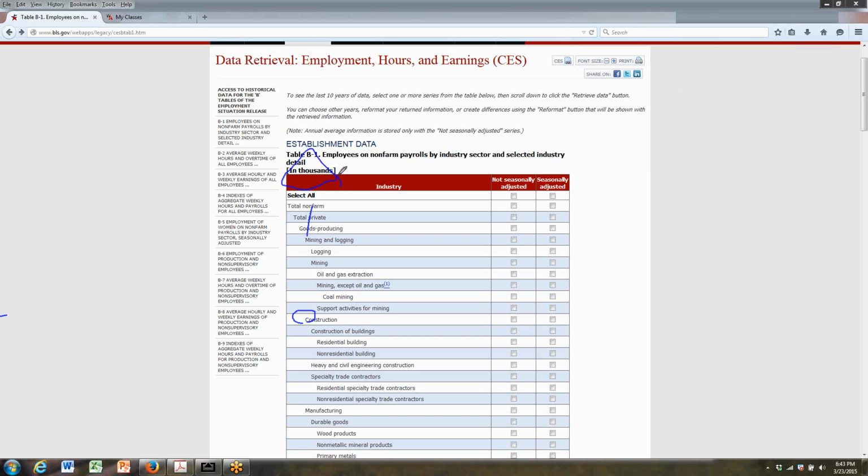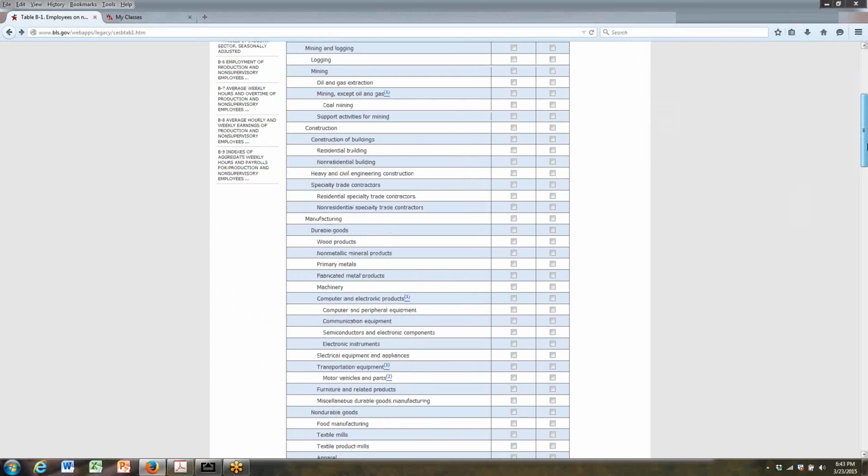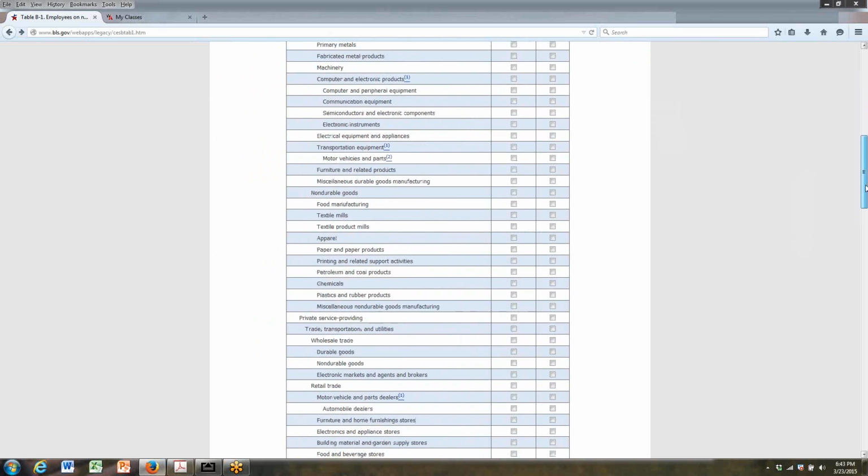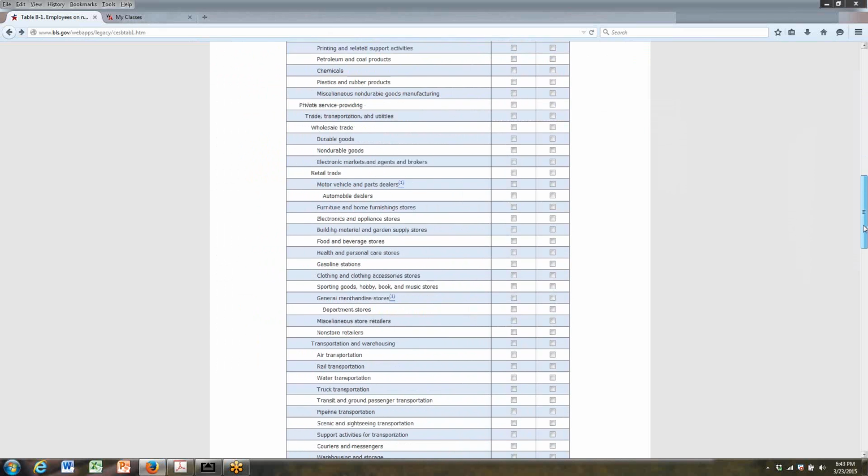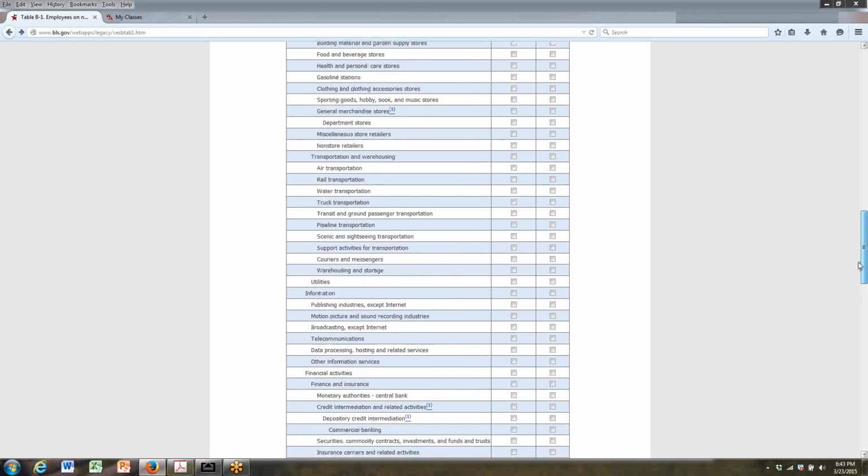So it talks about private jobs, and then it talks about public or government jobs. So let me just show you how to do government jobs here. It's the same idea. It's a little bit tricky to find, so that's why I want to make sure I show you how to do that. So government jobs is clear at the bottom. So you have to go at the bottom of this list. Let's see if I can find it here.